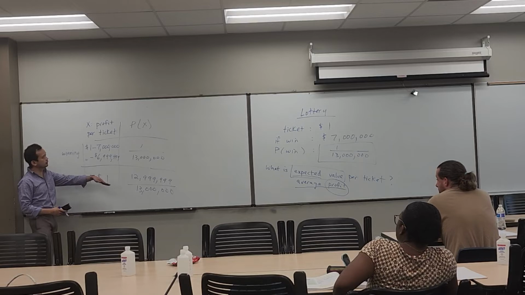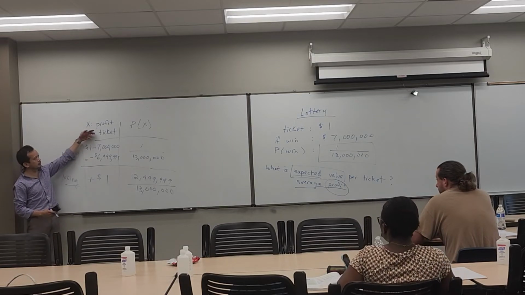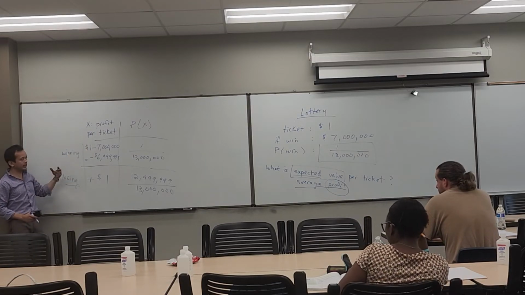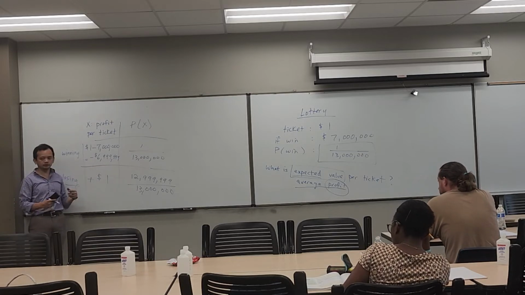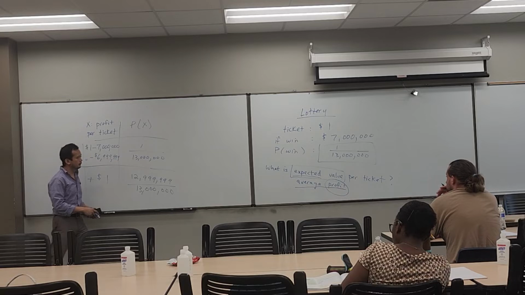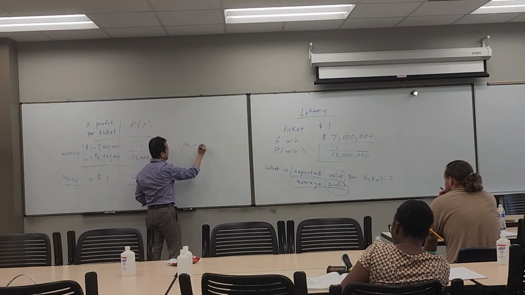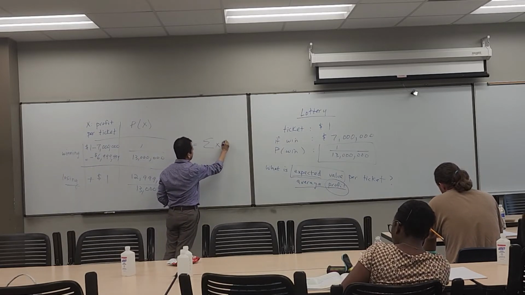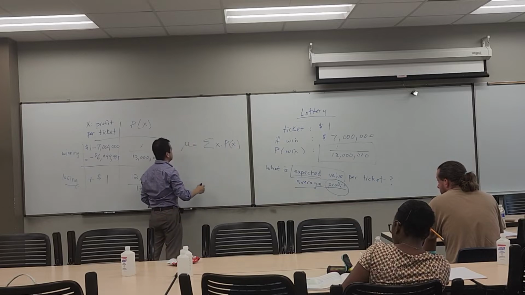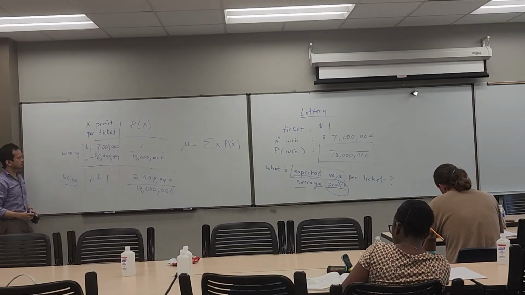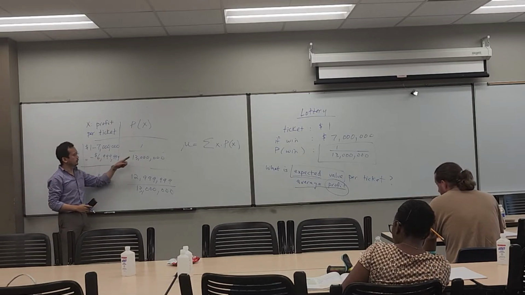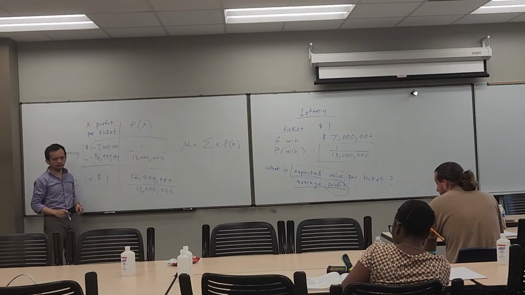To find the average value of this X variable that represents the profit per ticket, we find the average value of our probability distribution. Just like before, the mean will be the sum of each X times P of X. So multiply the numbers in each row and then add them all together.